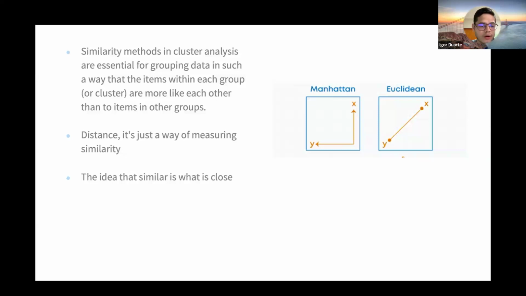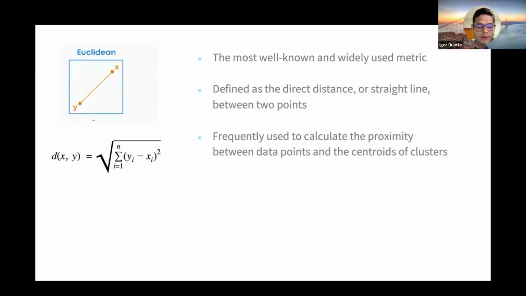First, Euclidean distance is perhaps the most known and widely used metric. It measures the direct distance between 2 points in a multidimensional space by calculating the square root of the sum of the squares. That's the whole math definition of the Euclidean method.